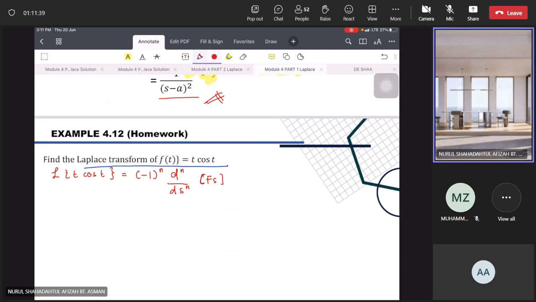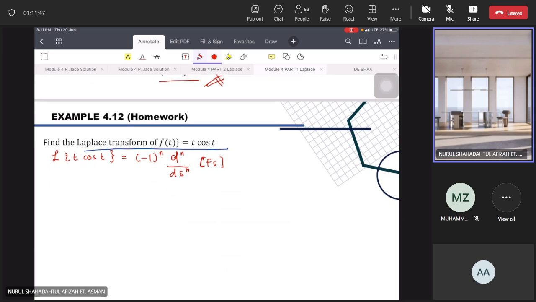So f(t) is cos t, same as the previous one. We divide it. This example.